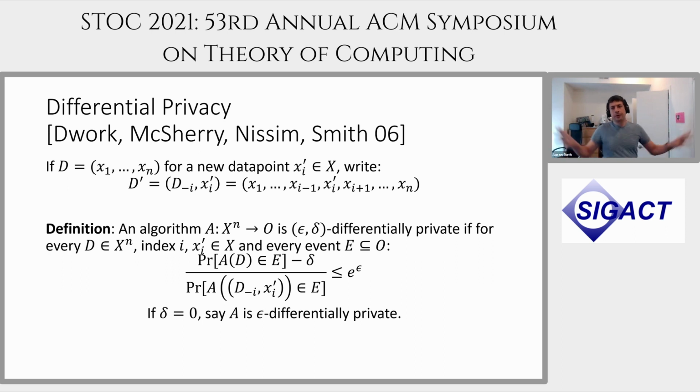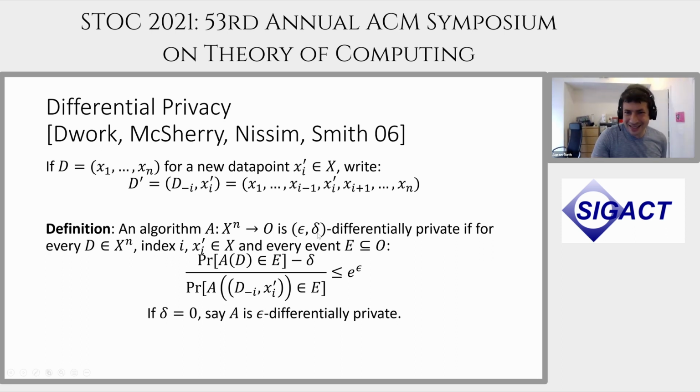So we'll say that an algorithm is differentially private if for every data set, and for every data set that might neighbor it, anything I can get by swapping out one element for another, and for any event E, any subset of the outcome space, if I look at the probability of this event E when I run the algorithm on data set D, and I look at it when I run the algorithm on data set D prime, this neighboring data set, then these probabilities should be related.